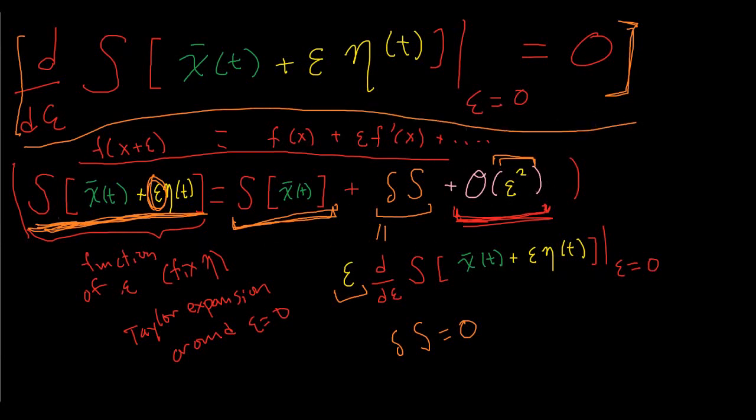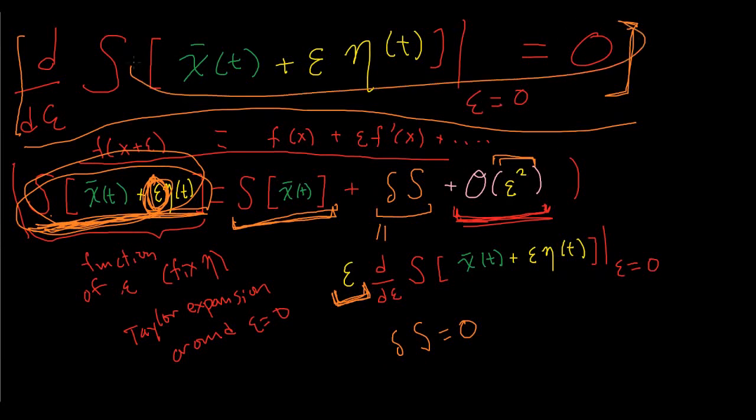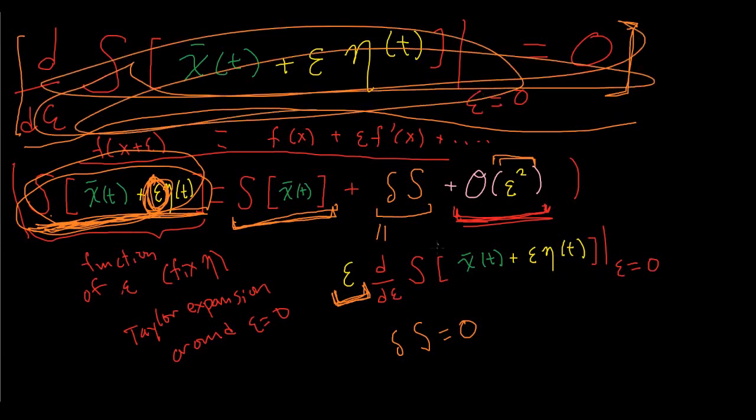But we're going to expand this out in powers of epsilon. And we're only going to keep powers to the first order in epsilon, because that's all we need in order to satisfy this equation. And we're going to write this as saying delta S equals 0. All right? Just a lot of notation.